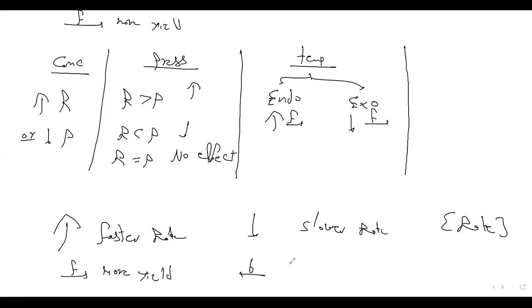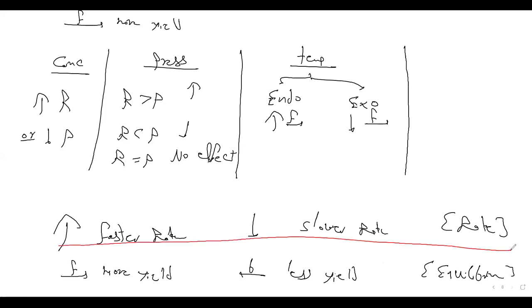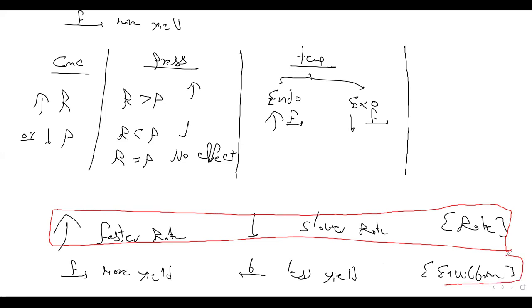If it moves backward, less yield. So equilibrium depends on the direction. For the rate, if we increase any factor, it makes the reaction faster, and if we decrease any factor, slower. For the yield, if it moves forward, more yield. If it moves backward, less yield.